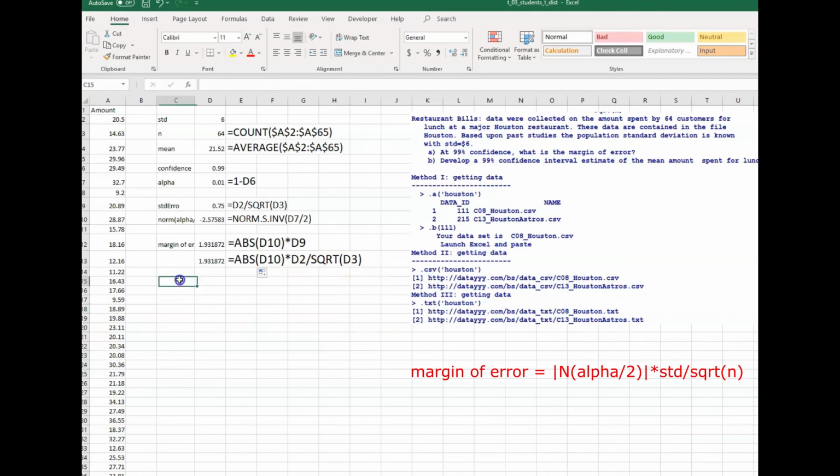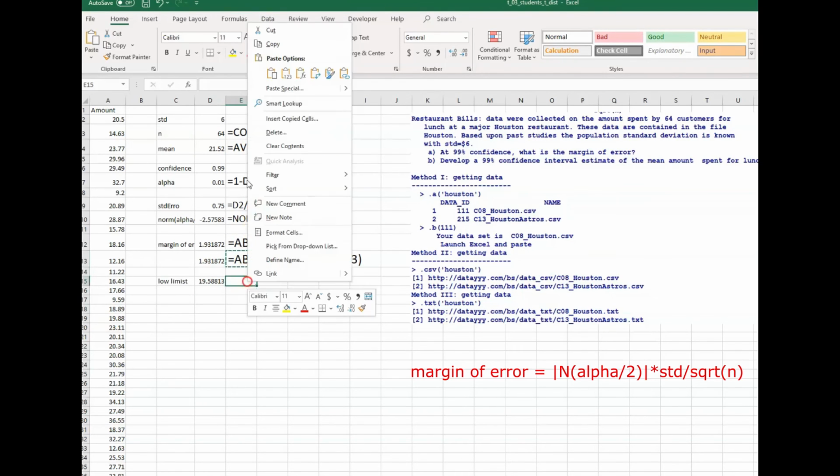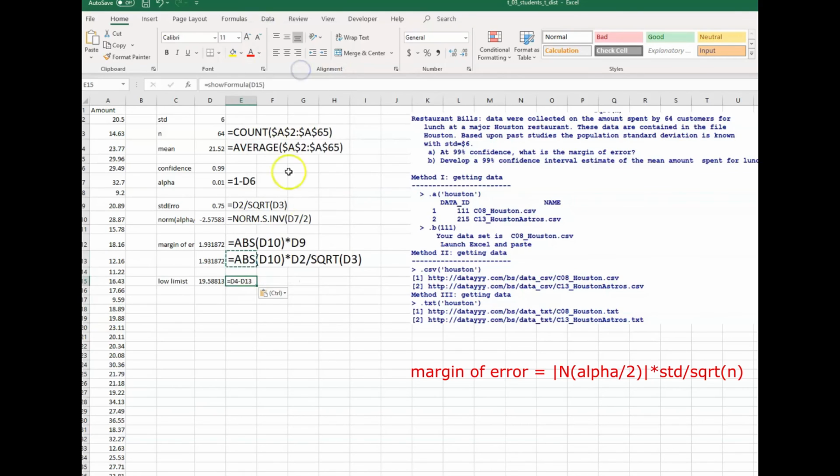So this is the lower limit. The lower limit will be mean minus margin of error. This is the upper limit.